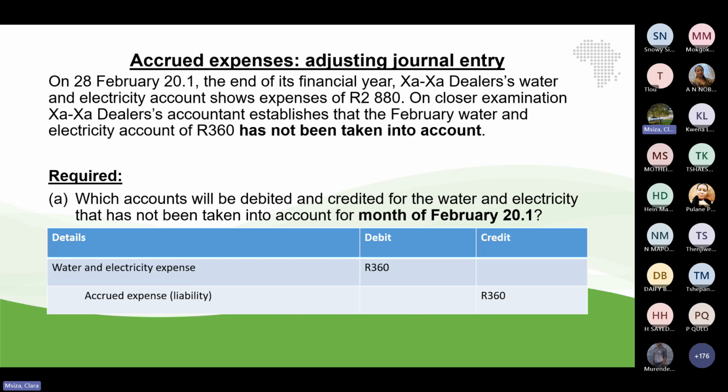Our financial period started 1st March 20.0, meaning that 28 February 20.1 is the financial period that is ending. So 360 was for the current financial period that we are looking at, and the balance relates to the new financial period.